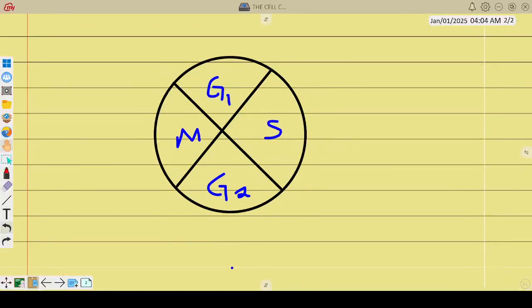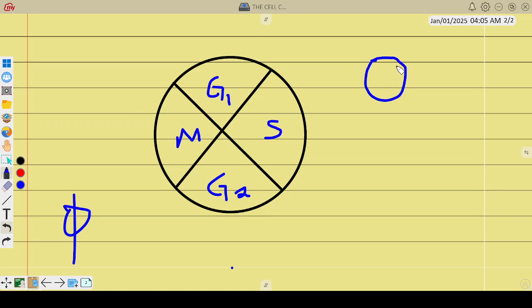Okay, so we start with G1 phase. Remember, for a cell to successfully replicate, at first it will need to grow. At the G1 phase, that is where the cell will grow.